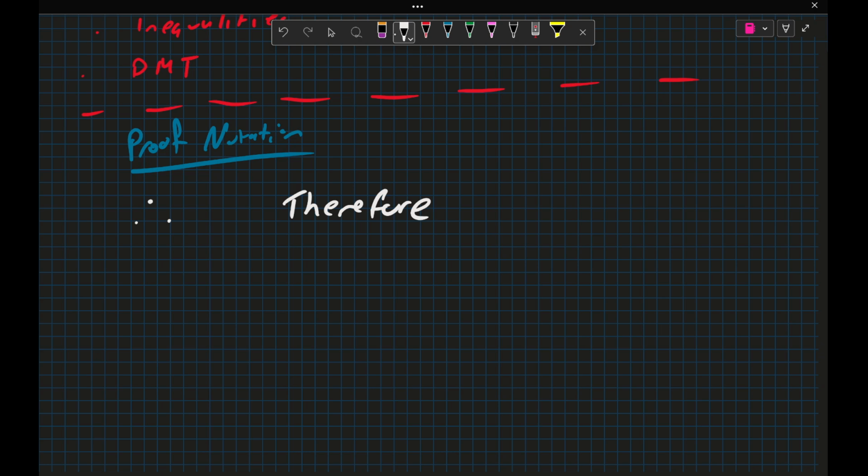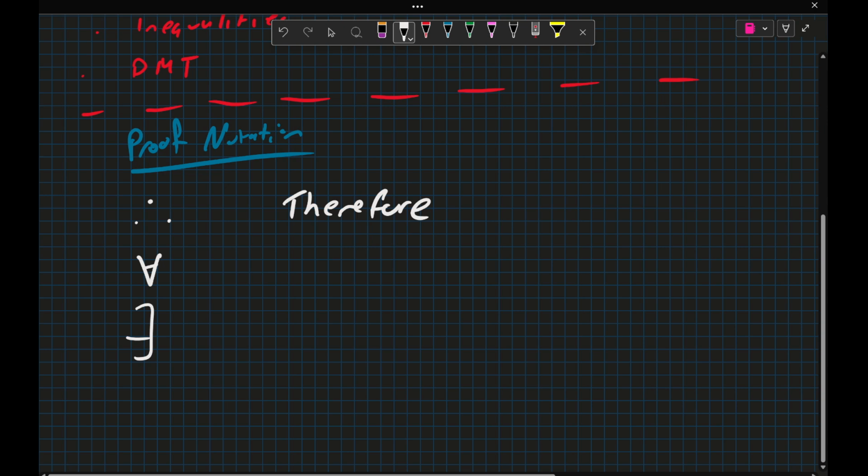Now the next two can be quite useful for induction proofs, although it's not formalized. It can definitely impress the examiner, and these are an upside down A and an upside down E. The upside down A represents the words for all.